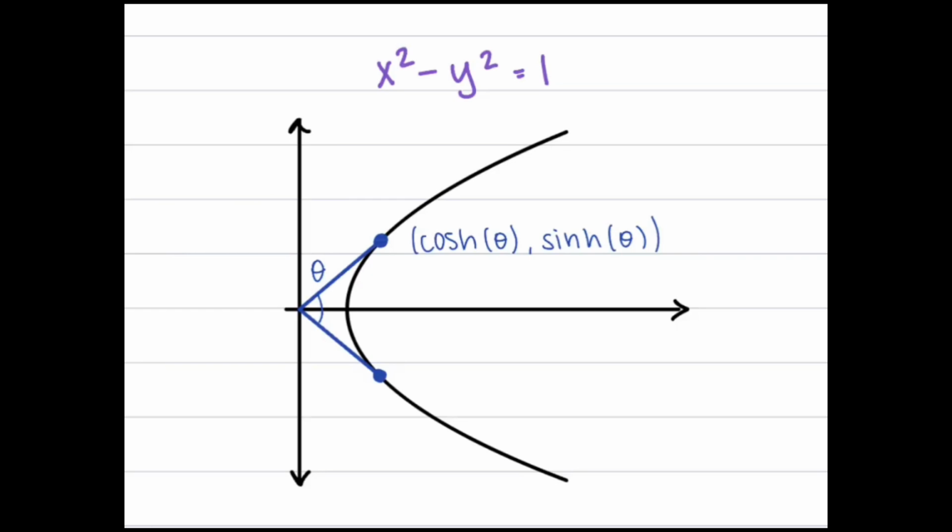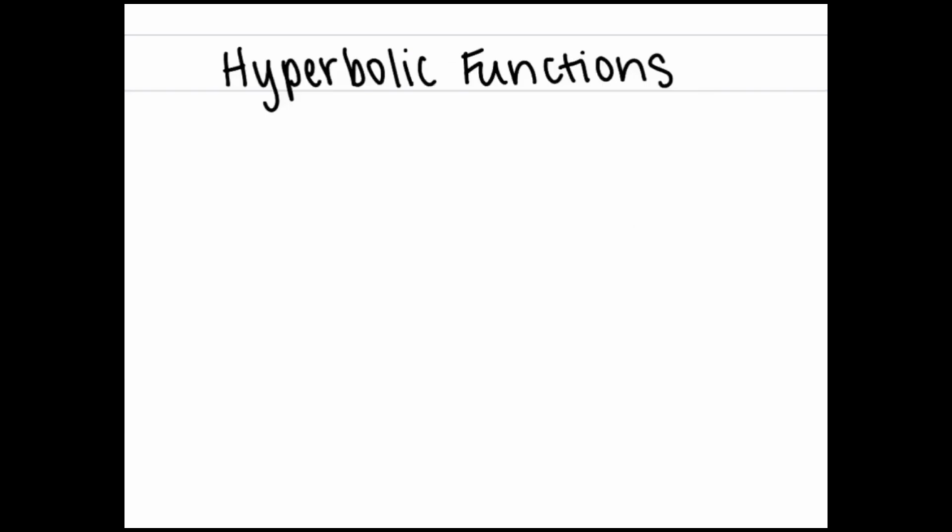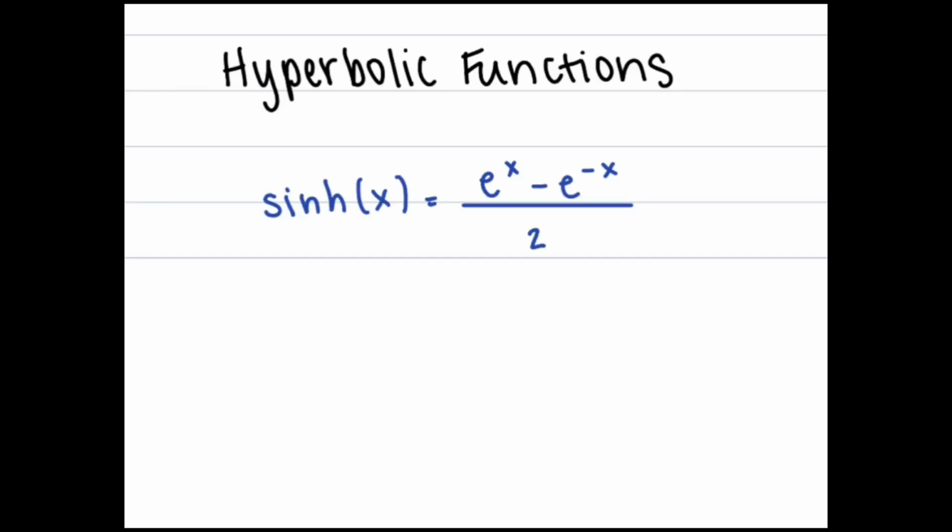Well, they actually come from the hyperbola x squared minus y squared equals 1. And so here we have theta equal to this entire angle, and this corresponding point is hyperbolic cosine of theta, hyperbolic sine of theta. We can actually write this in terms of x, so the hyperbolic sine is equal to e raised to the power of x minus e raised to the power of negative x, divided by 2.